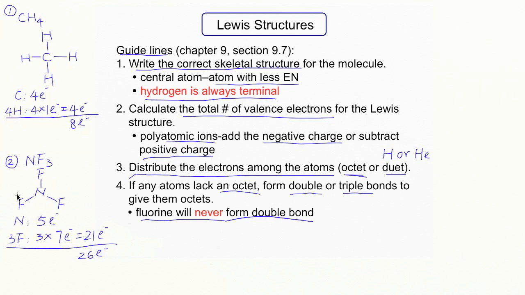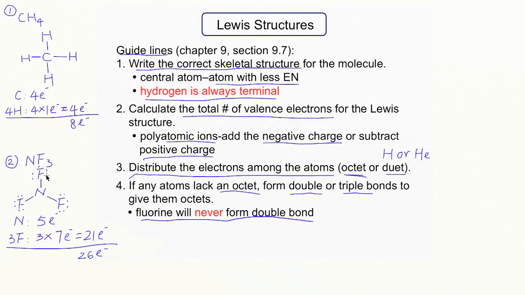Right now fluorine has 2 electrons. Let's give it 6 more electrons to make sure this fluorine is happy. Same thing here, 6 electrons for this fluorine, and same for this fluorine.